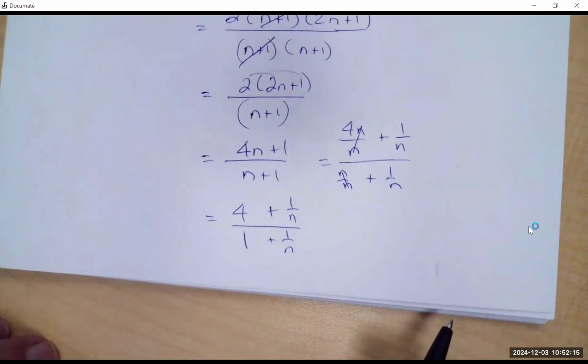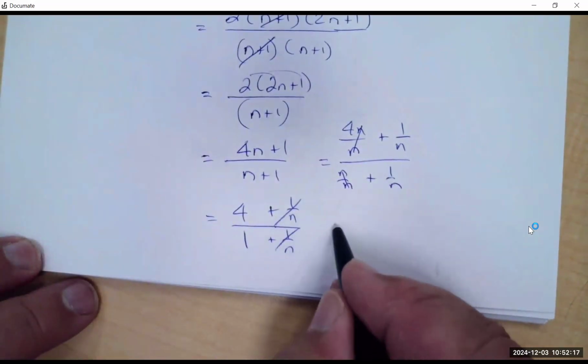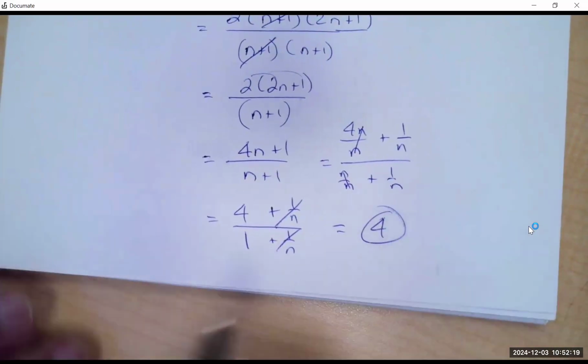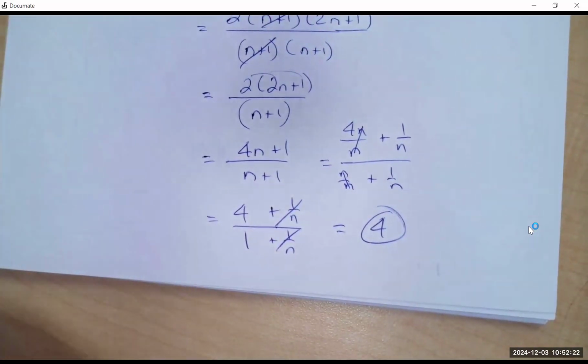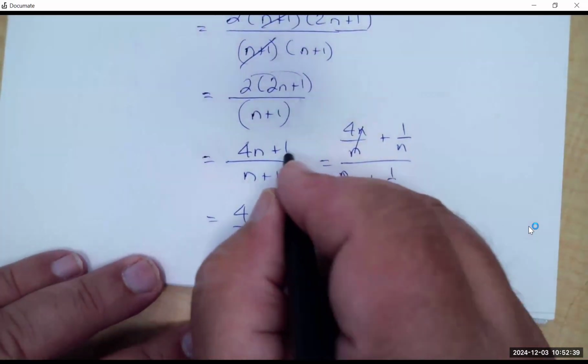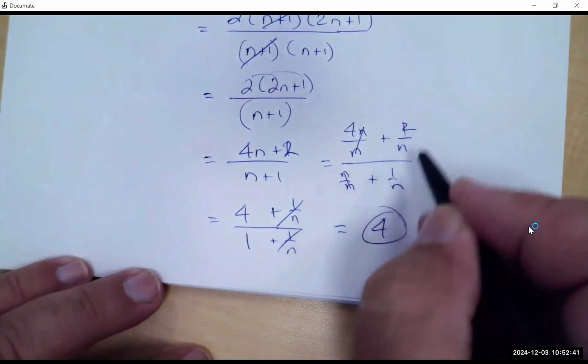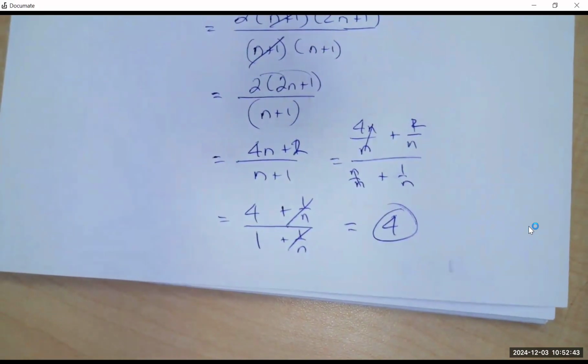As the limit of n goes to infinity, it's still going to go to 0 because it's a constant, so it's going to go to 0.